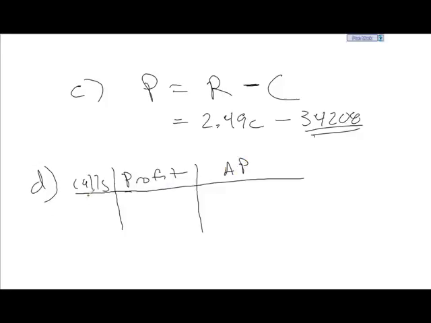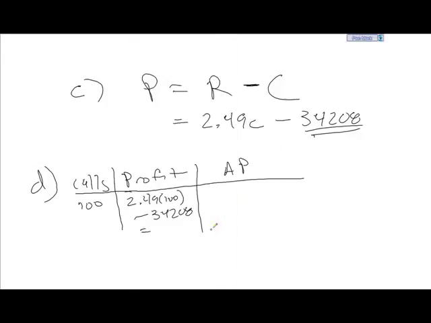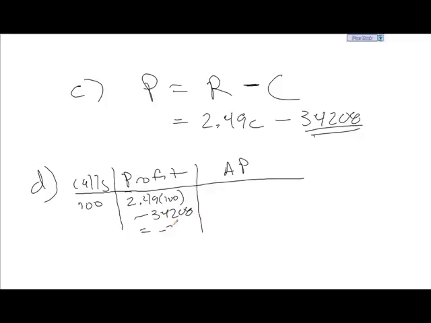So let's just give a couple examples. 100 calls. If I make 100 calls, my profit will be 249 times 100 minus 34,208, which equals negative 33,959.